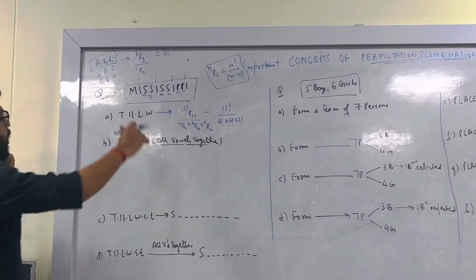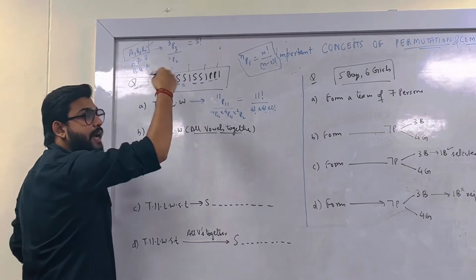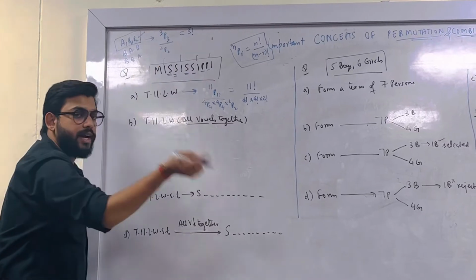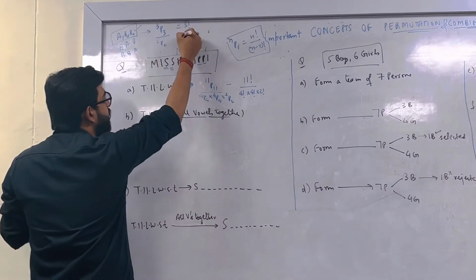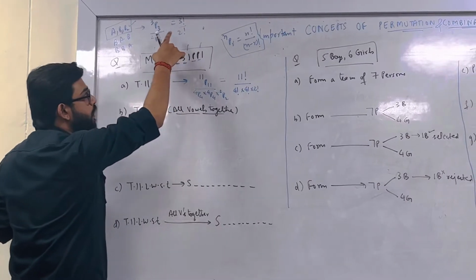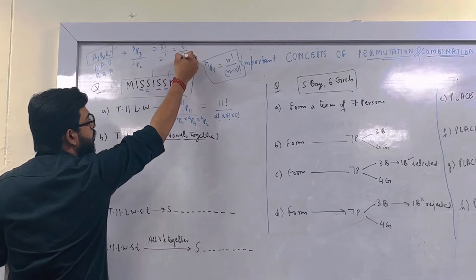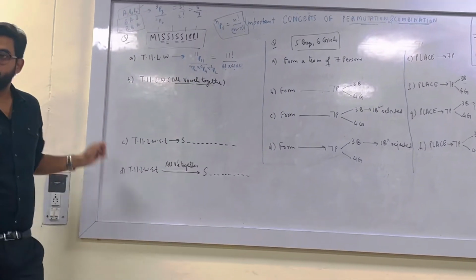But because B1, B2 are exactly the same, we divide this inflated value by 2P2, because this 3P3 already contains 2P2 in it. So we do 2 factorial. Now 3 factorial is 6, and 2 factorial is 2, so 6 upon 2 gives the right answer, which is 3.